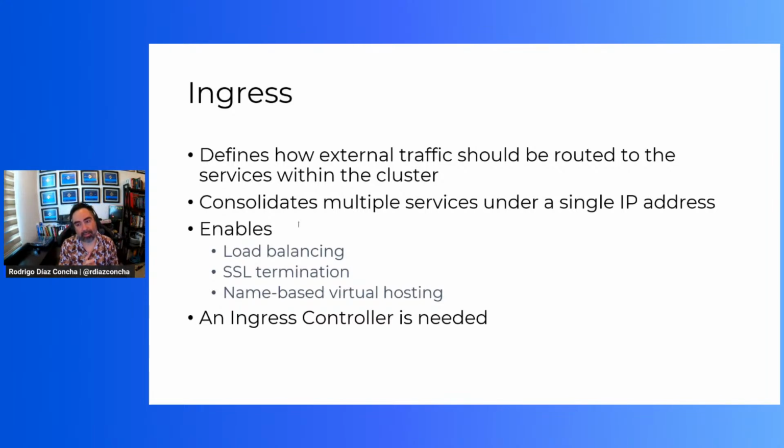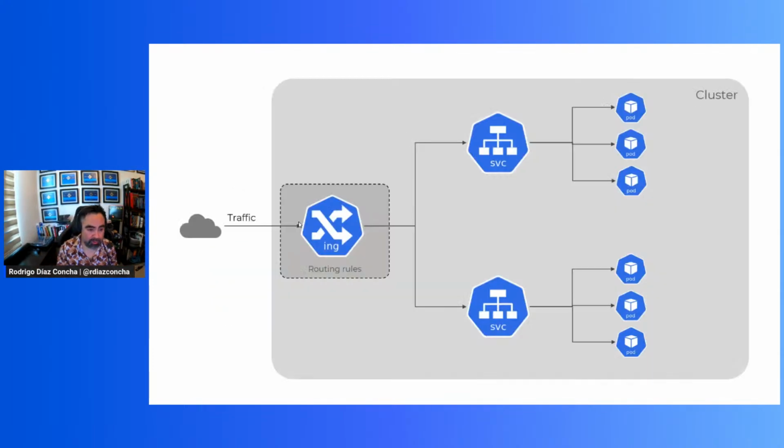However, that particular object, that Ingress, needs something controlling those Ingress instances. And that's the Ingress controller that you need to have installed on your cluster. So we have Ingresses and we have Ingress controllers. Those two things are different, and I'm going to explain that in a minute, okay?